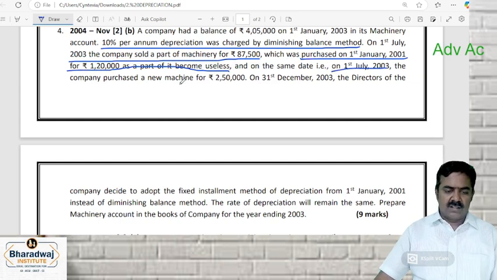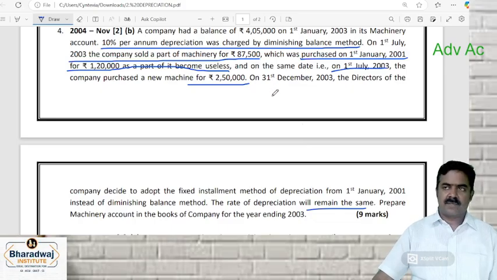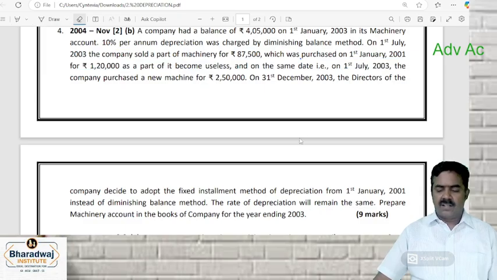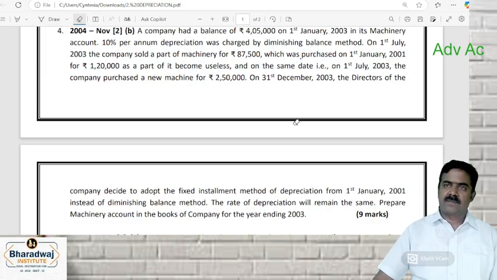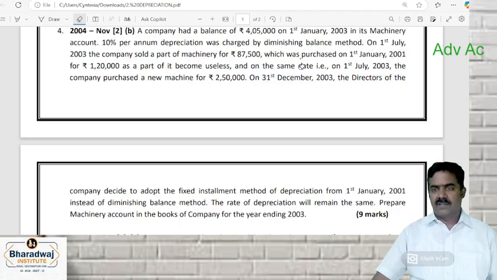Then on the same date, the company purchased a new machine. At the end of the year, the company decided to adopt which method? SLM. Rate of depreciation will remain what? Same, it is said. Does the depreciation change after the sale of the asset or before the sale of the asset? The method of depreciation changes at the end of the year.